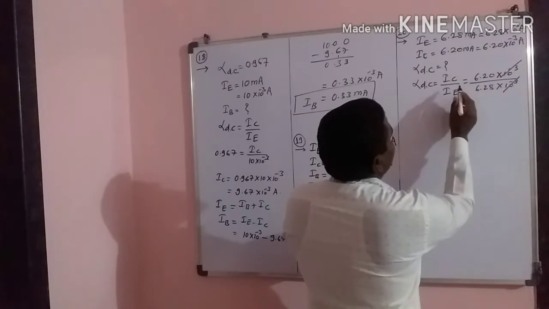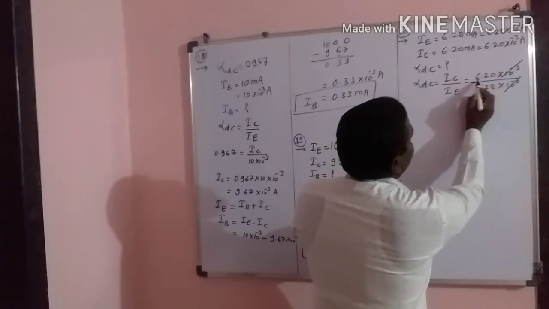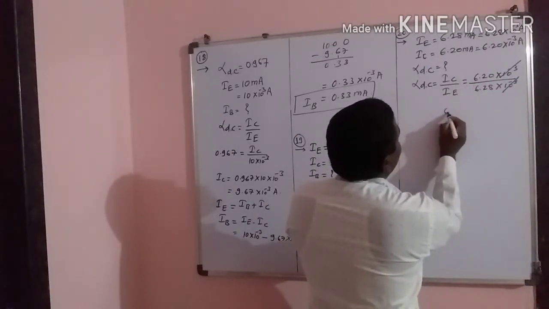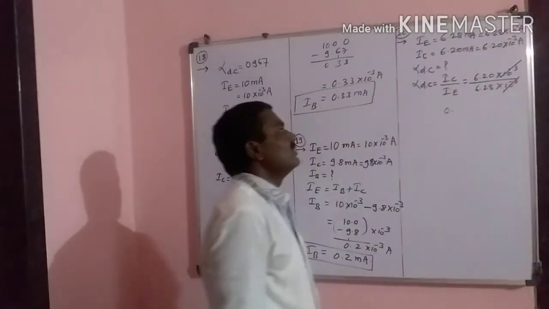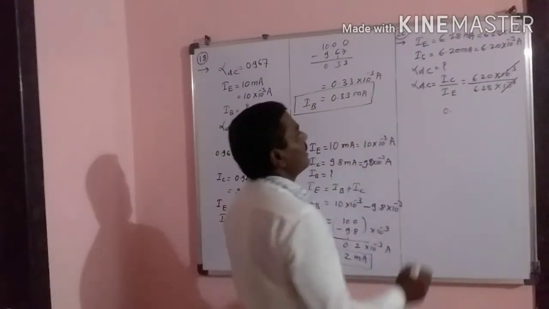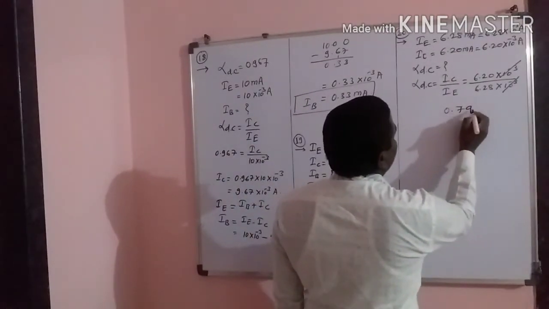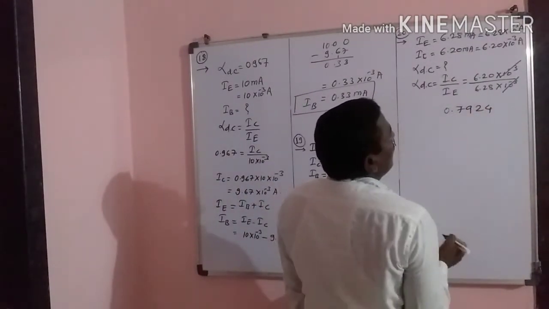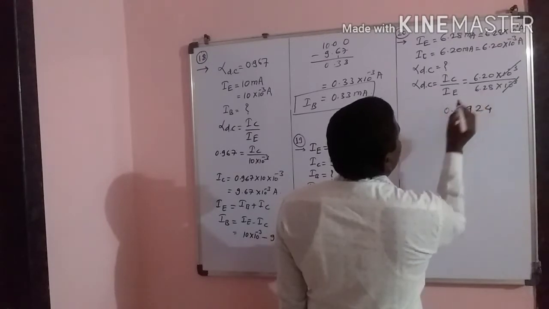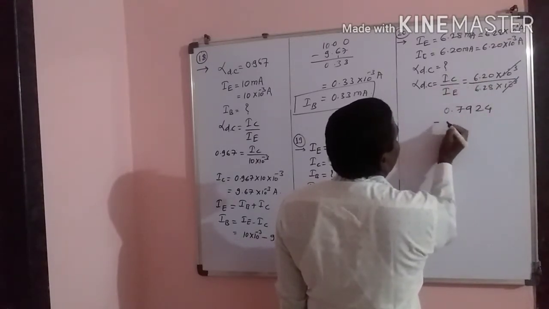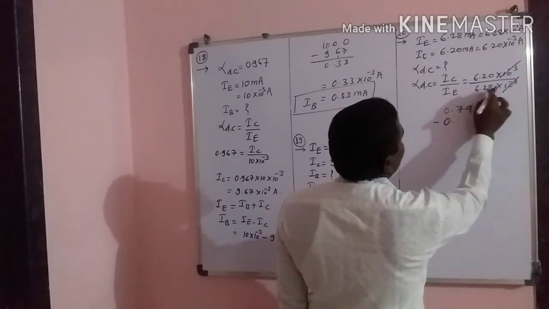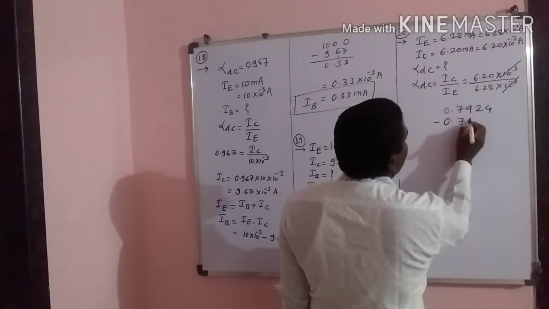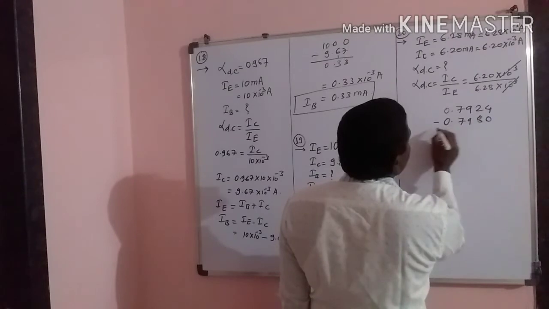The decimal is after one digit, so the characteristic is 0. When we look at 62 in the 0 column, its value is 7924. Again, there is division, so there is subtraction. The characteristic is 0, and 62 in 8, its value is 7980.